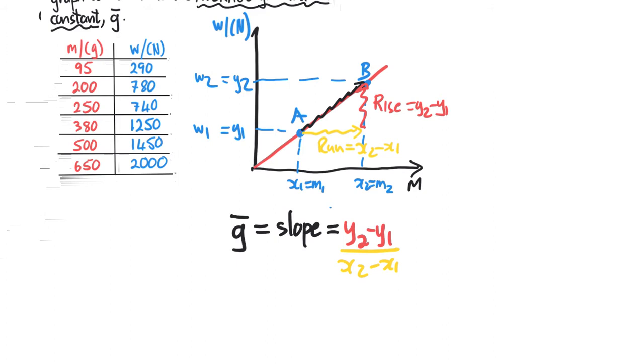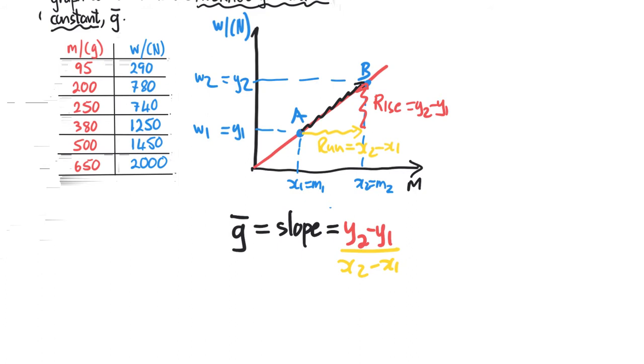Remember, between the 2 points, A and B, the run is the horizontal distance covered between A and B. So it's x2 minus x1. The rise is the vertical distance covered between A and B, and that will be y2 minus y1. And the slope is the comparison of the rise over the run, which is y2 minus y1 over x2 minus x1.